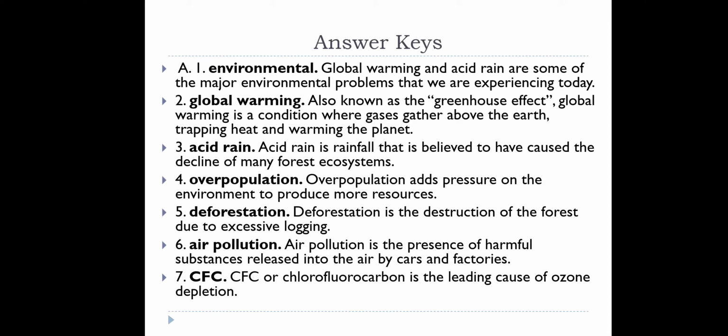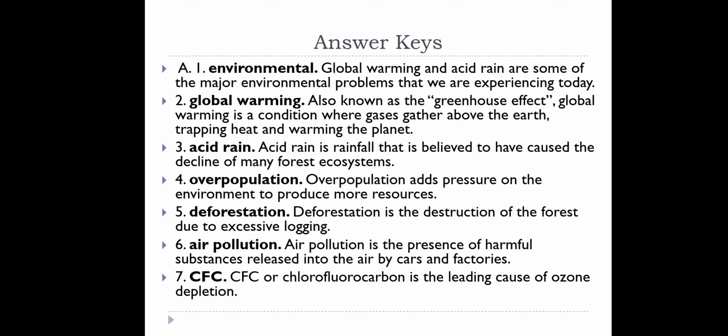Number 4. The correct answer is overpopulation. Overpopulation adds pressure on the environment to produce more resources. Number 5. Deforestation. Deforestation is the destruction of the forest due to excessive logging. Number 6.